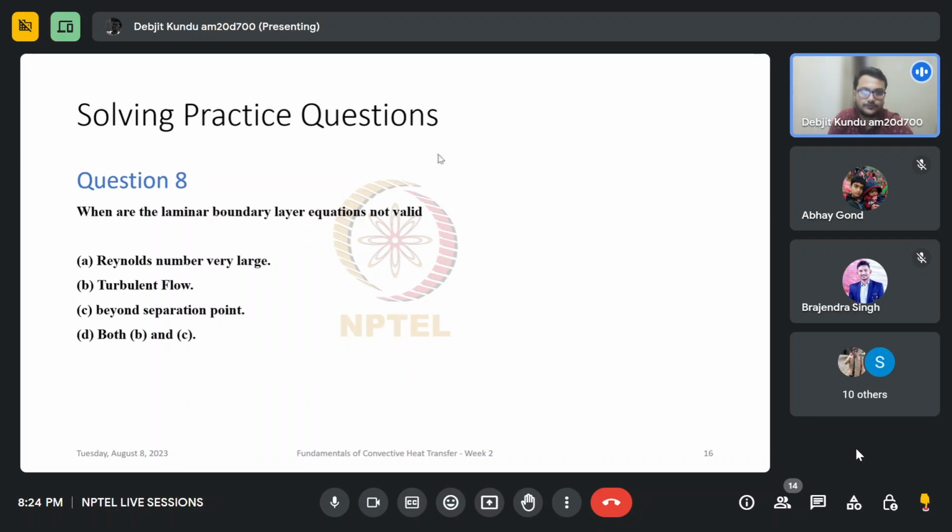Question number 8 of today's session. This is the last question, which is asking us when are the laminar boundary layer equations not valid? Is it option A, Reynolds number very large, option B, turbulent flow, option C, beyond the separation point, or is it D, both B and C?